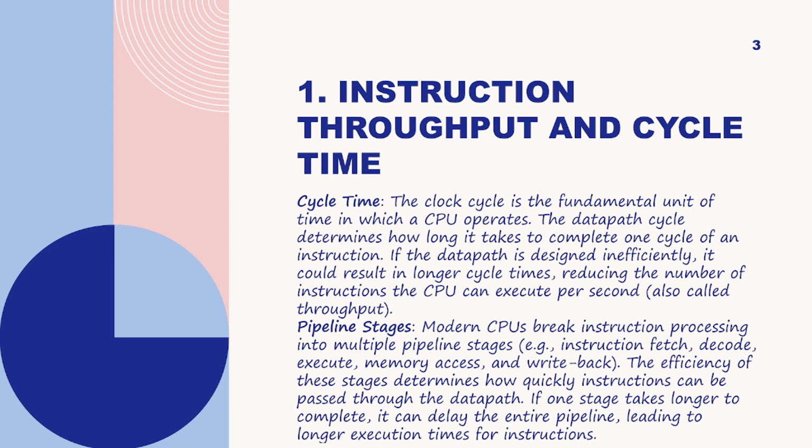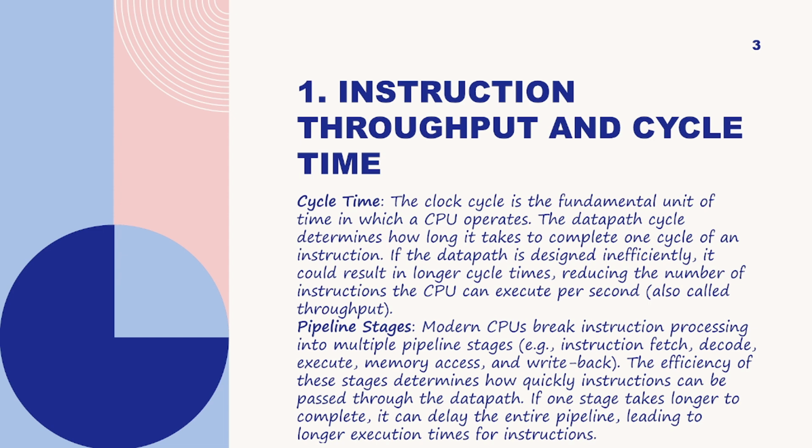You get it? So the pipeline stages. Modern CPUs break instruction processing into multiple pipeline stages. So that's the instruction fetch, the decoding, executing, and then the memory and write back. So the efficiency of these stages determines how quickly instructions can pass through a data path.